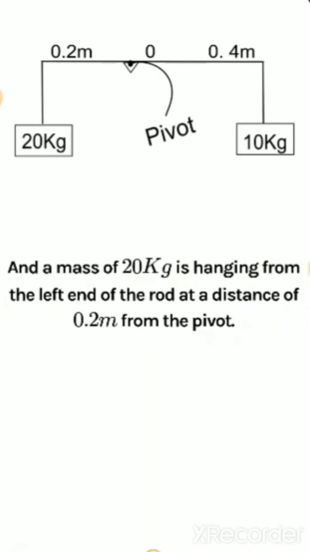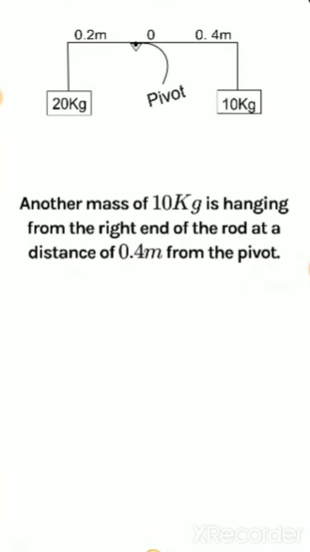A mass of 20 kg is hanging from the left end of the rod at a distance of 0.2 meter from the pivot. Another mass of 10 kg is hanging from the right end of the rod at a distance of 0.4 meter from the pivot.